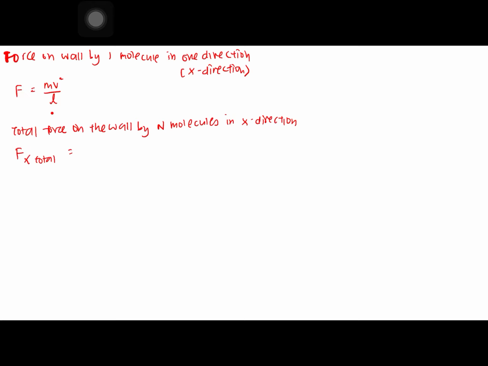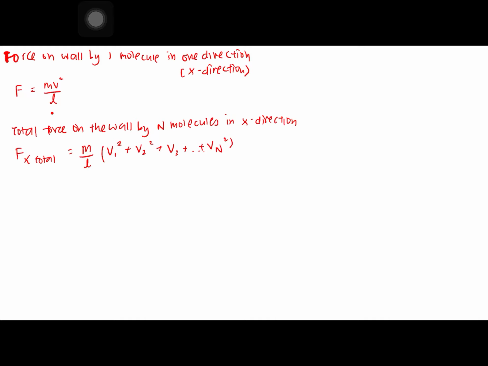If mv squared over L is the force by one molecule, and I've got two molecules, then I have to add them up: mv squared over L plus mv squared over L. Three molecules, I add mv squared over L times 3. So basically, if I have n molecules, it will be m over L. But each molecule has different velocities. Say the first one has velocity v1. So it will be v1 squared plus v2 squared plus v3 squared, all the way until vn squared.